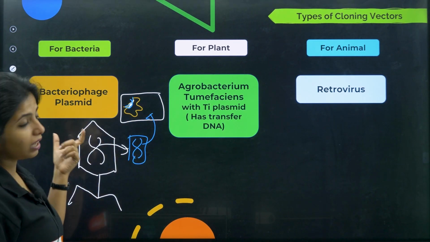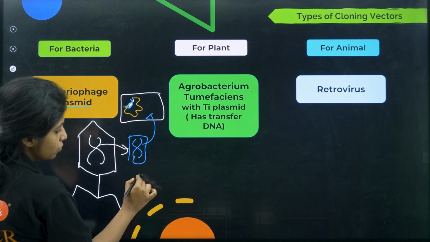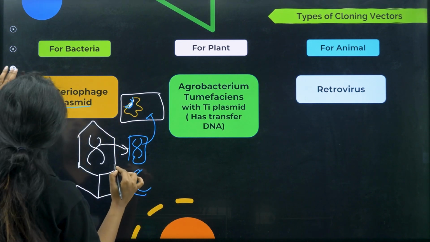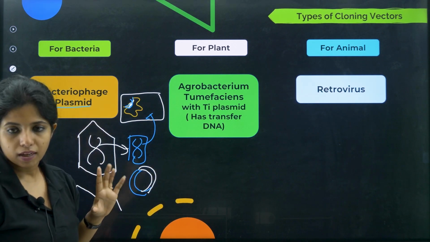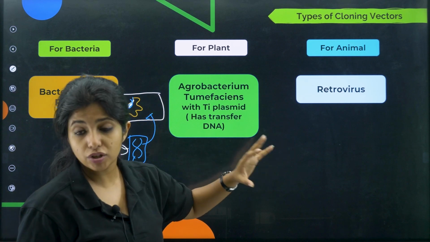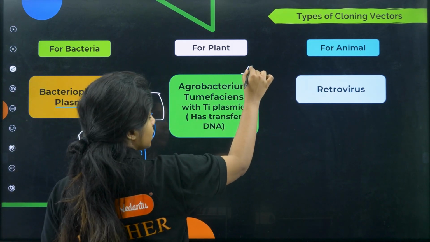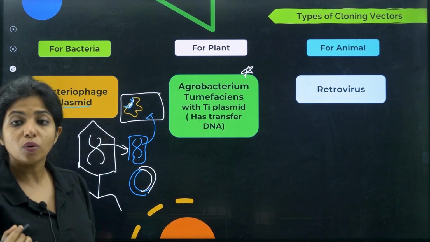So bacteriophage, which is a virus, is going to infect this. Now plasmid also can be used. You know how plasmid is used. You take the plasmid out, you put the gene of interest that you want, and then you put it inside. That is one way. So these are the two ways for bacteria. For plants, it is Agrobacterium tumefaciens. This is very important. This is a pathogen, a bacteria that causes a disease known as crown gall disease.